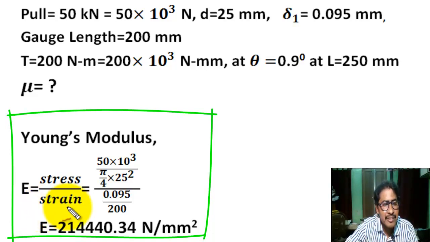Tensile strain means it is the extension per unit original length of the steel bar. Here strain equal to extension by original length, here gauge length.